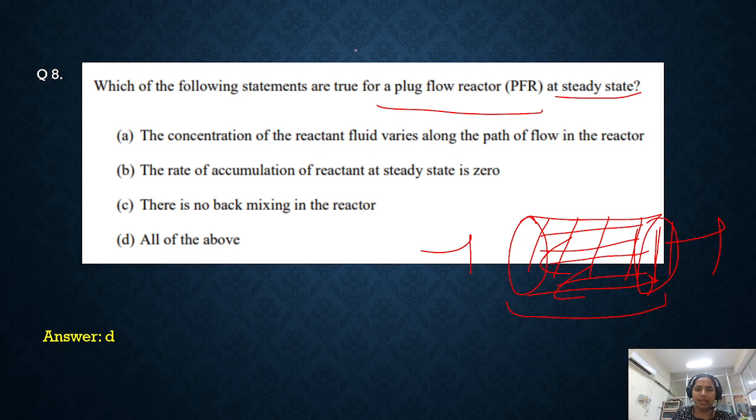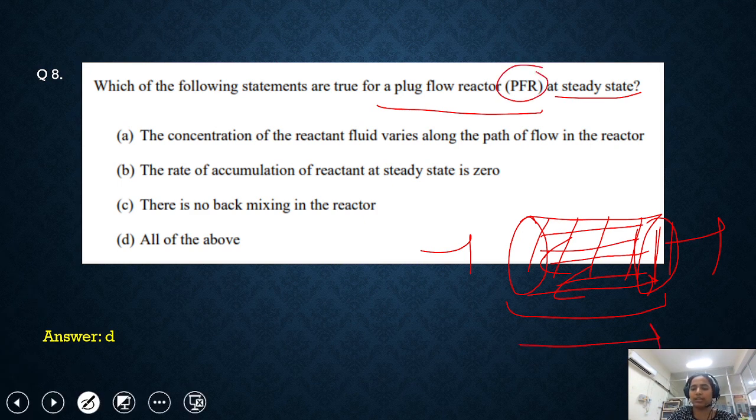Okay, let's read the options. First one is: concentration of the reactant fluid varies along the path of flow in the reactor. So this is correct. That's why we are using this plug flow reactor, because this is the problem occurring in the continuous stirred reactors, that they are not coming out at the same time, and the concentration problem is there.